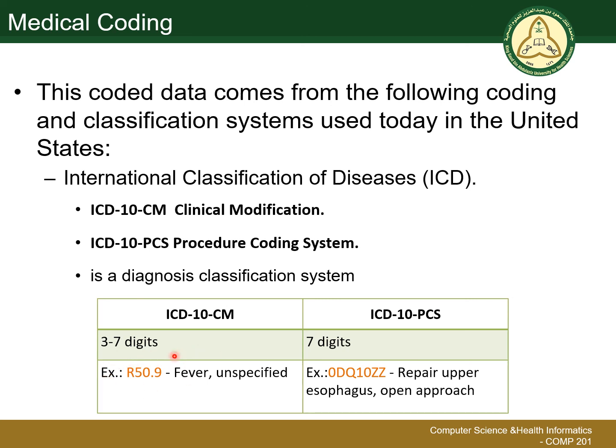For example, in the ICD-10 we have the code R50.9, and it represents fever, unspecified fever.